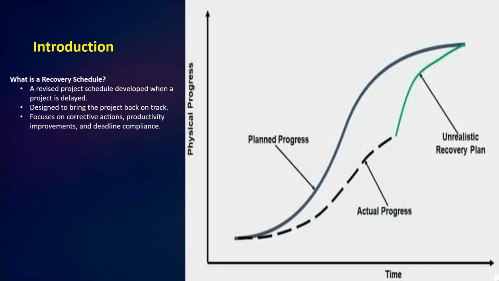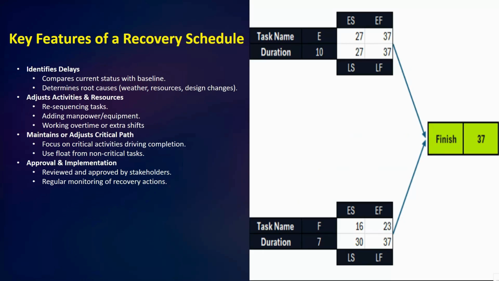So, in simple words, whenever a project slips behind its deadline, the recovery schedule becomes an action plan to realign the project with its original goals and commitments. Okay, so I hope this is clear.